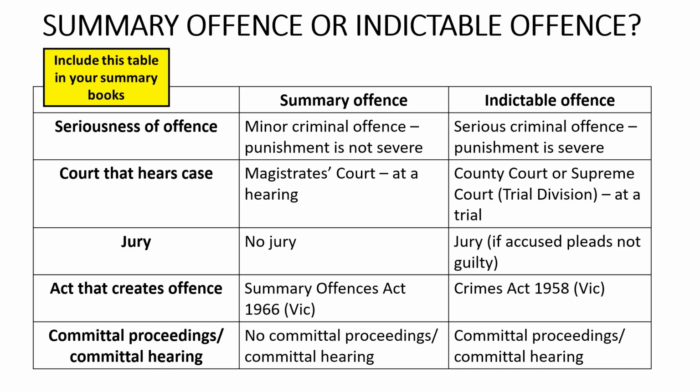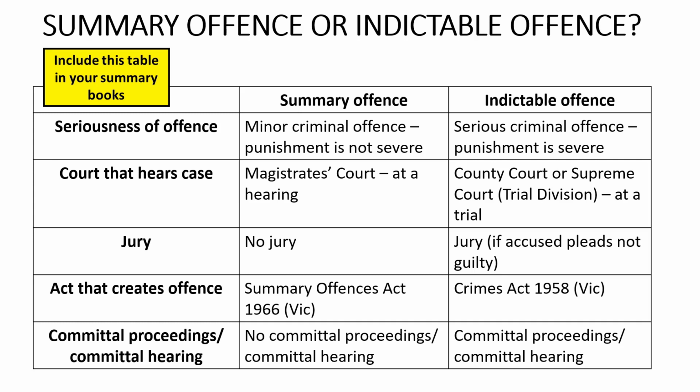Another factor to look at in determining whether an offence is a summary offence or an indictable offence is the legislation or statute that creates that offence. If the offence is created under the Victorian Summary Offences Act 1966, then it will be a summary offence. If the offence is created under the Victorian Crimes Act 1958, then it will be an indictable offence.